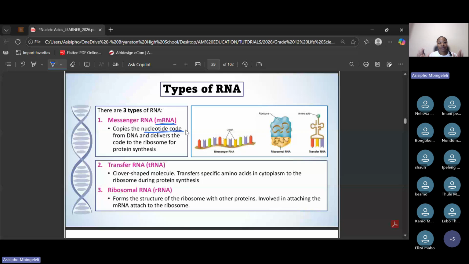If you don't want to write the full name transfer RNA, you are allowed to just write tRNA. However, your t will need to be in small letters and RNA will need to be in capital letters. Now, this is a type of RNA that is going to transfer amino acids in the cytoplasm to the ribosome. When we speak about amino acids, I covered this, we are speaking about building blocks of proteins.